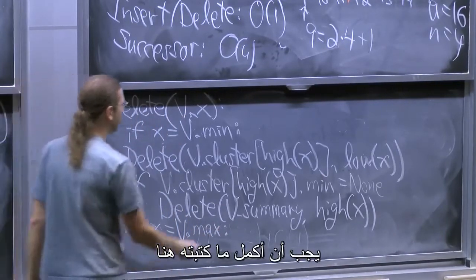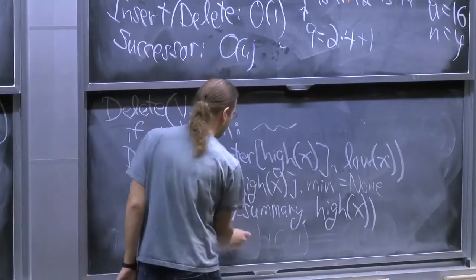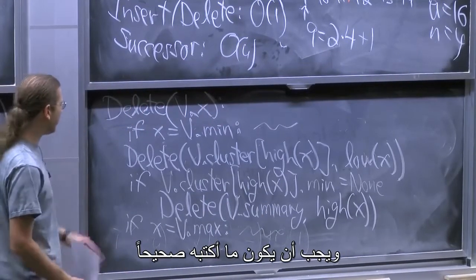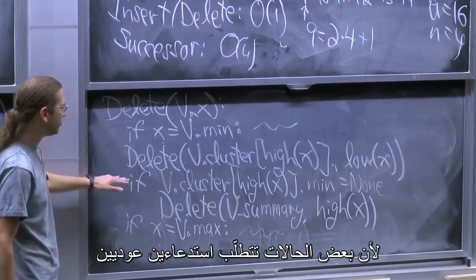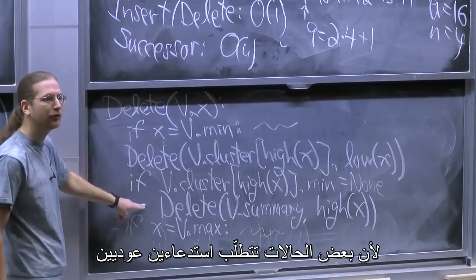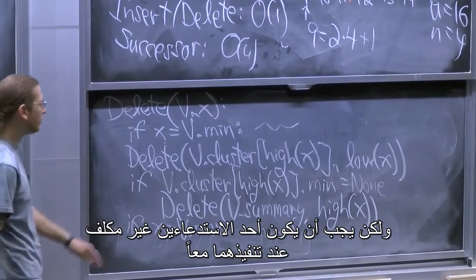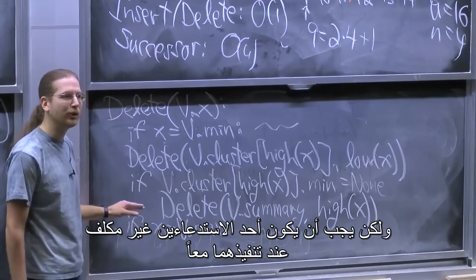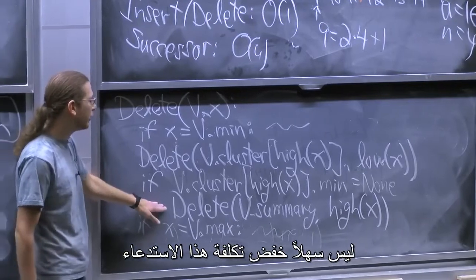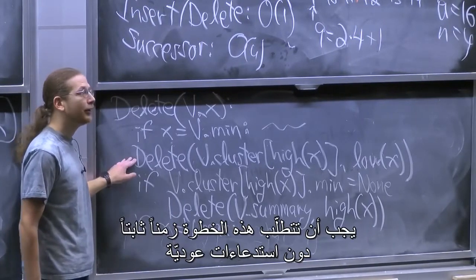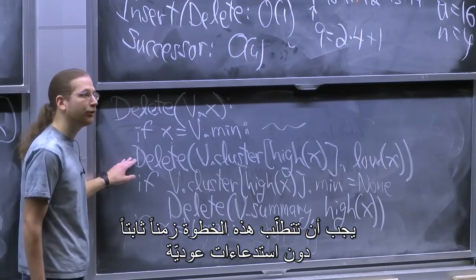So I need to fill these in. And it's important that these are filled in right, because in some situations here we are making two recursive calls. But again, when we do both calls, we want one of them to be cheap. Now this one's hard to make cheap. So when we delete from the summary structure, we want this delete to have taken only constant time, no recursions.